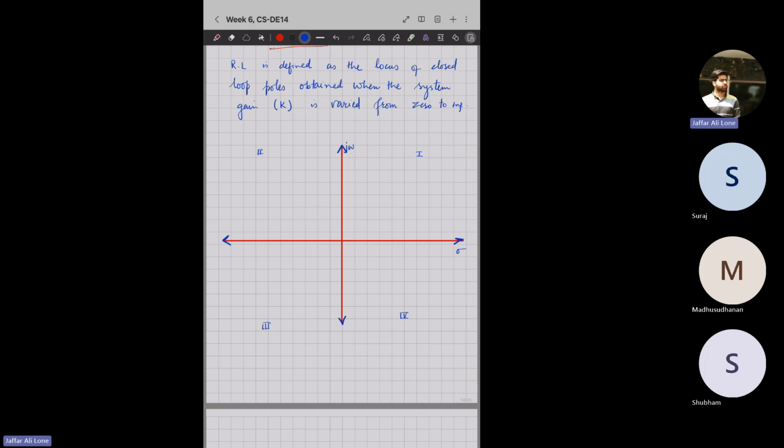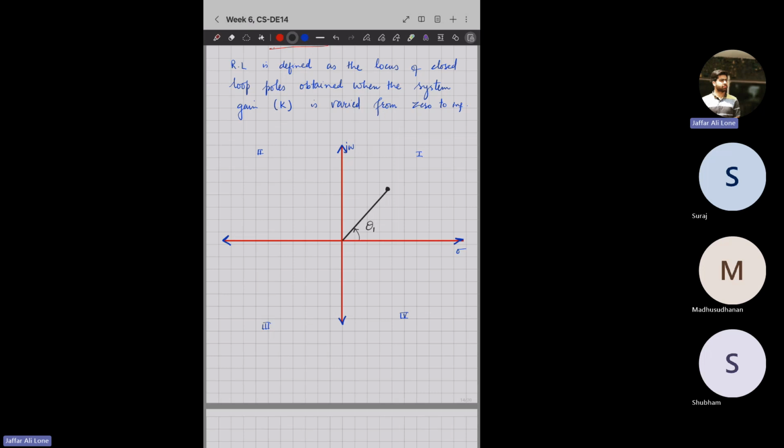Now this is a complex plane, so you have a point here. It is determined by its magnitude and an angle, and here I'm interested in angles. Let's assume this makes an angle with the sigma axis, which we name theta 1.